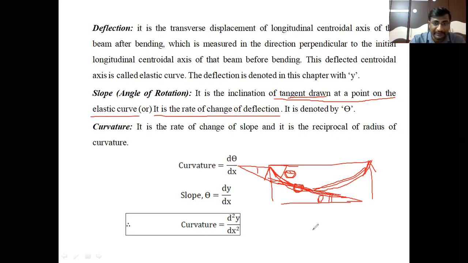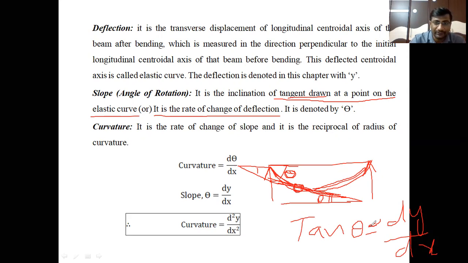In mathematics, we know what the slope is. Slope can be written as tan theta is equal to dy by dx: the change in y direction with respect to x direction.